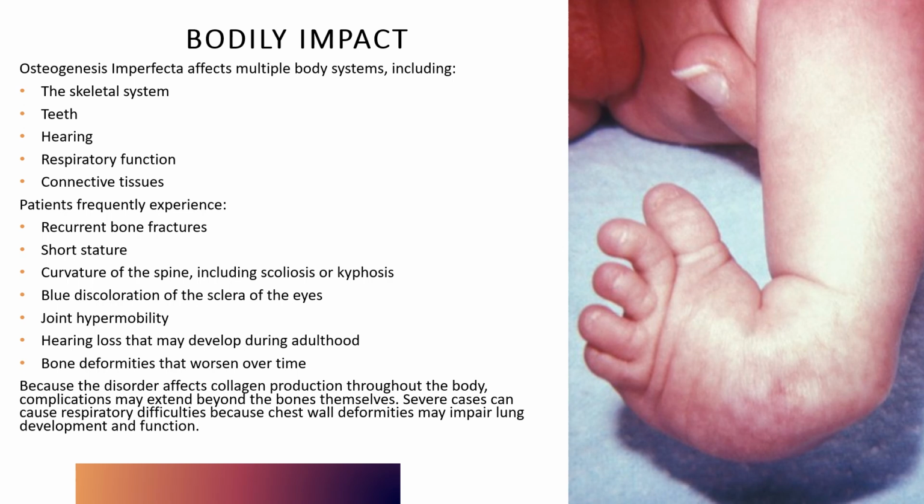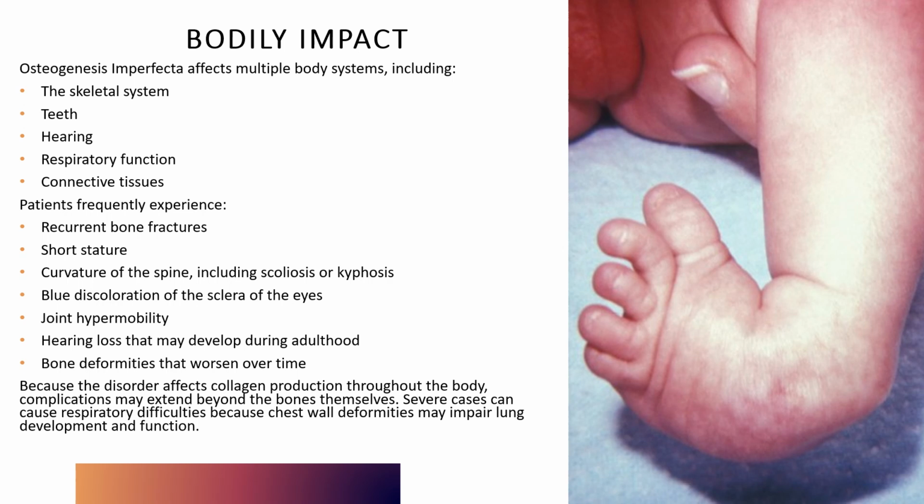On to bodily impact. Brittle bone disease affects multiple body systems, those systems being the skeletal system, the teeth, hearing, respiratory function, and connective tissues. Patients often experience recurrent bone fractures, short stature, curvature of the spine, scoliosis and kyphosis, and discoloration of the sclera of the eyes.